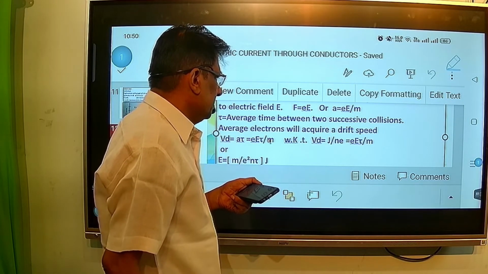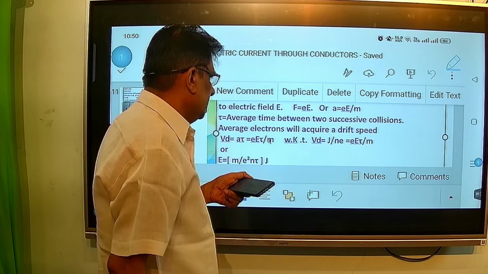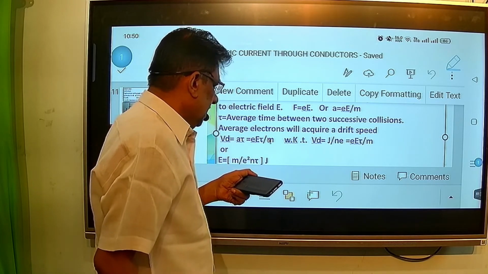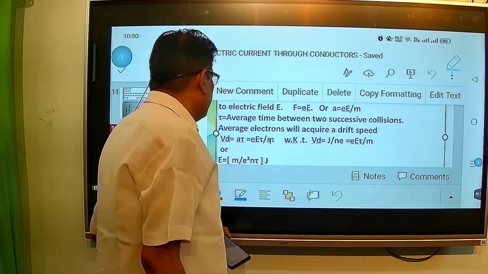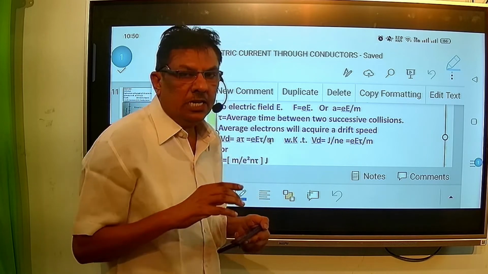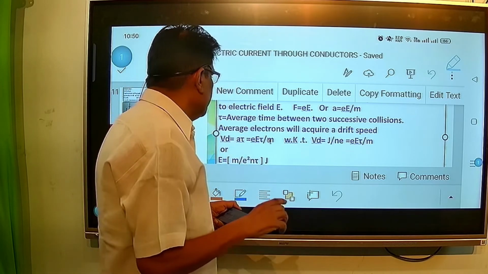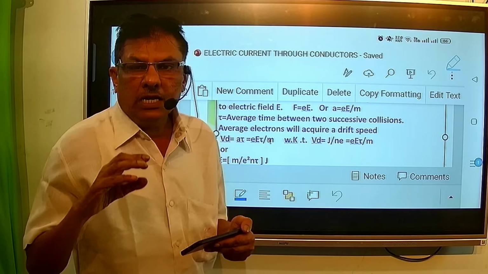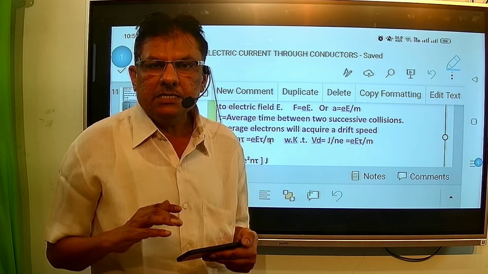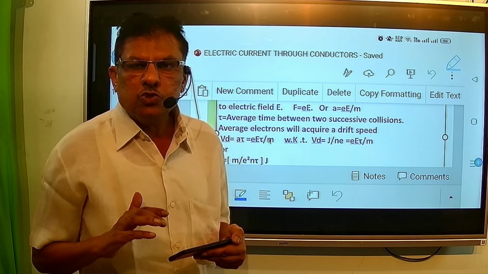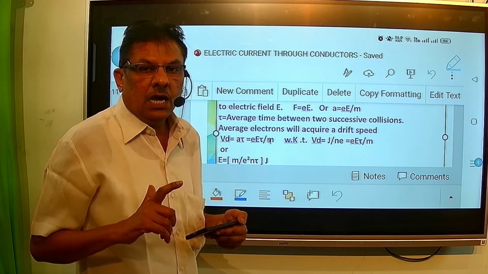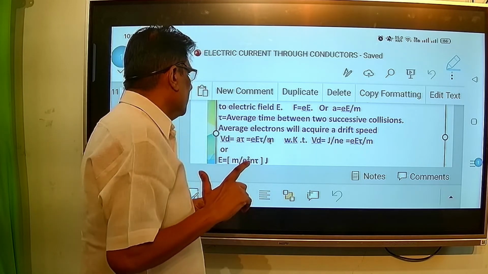So we have got a new equation, a = eE/m. Now this charge or electron, when it comes across the majority carriers, there is a collision between them, and this gives rise to drift velocity.